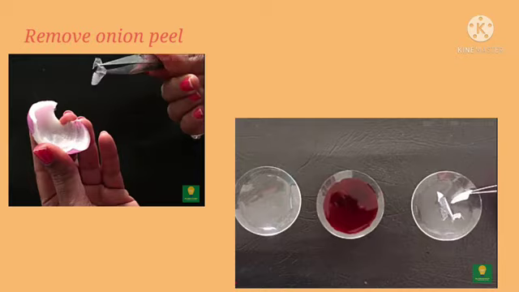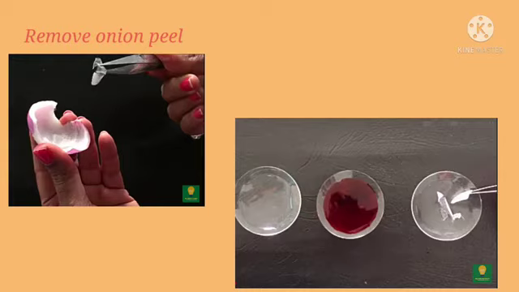Keep this peel in a watch glass containing water. Add 2 drops of safranin stain in the watch glass to stain the peel. Take a clean slide and put a drop of glycerin in the center of the slide. With the help of a brush and needle, transfer the peel onto the slide.